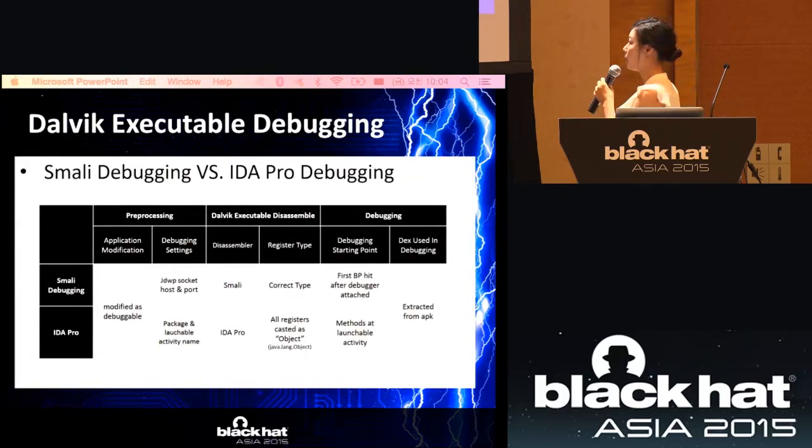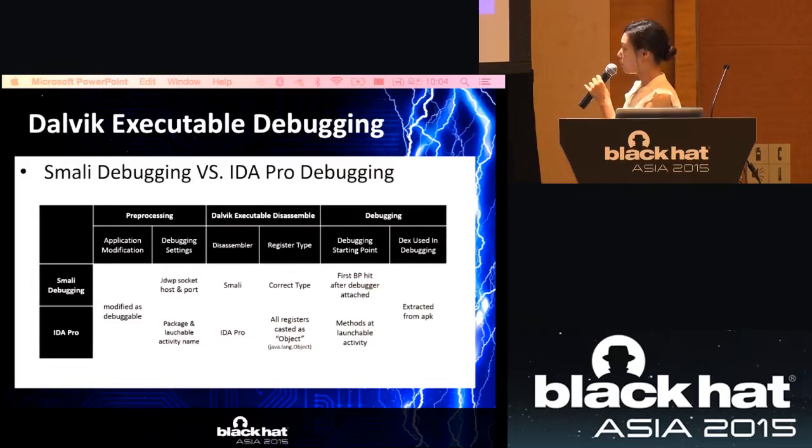So this slide compares Smali debugging to IDA Pro debugging. Basically, both debuggers need applications to be debuggable. It's just a default option for the debugger to debug an application. Also, both debuggers require debugging settings. In the case of Smali debugging, it requires JDWP socket, host, and port information.